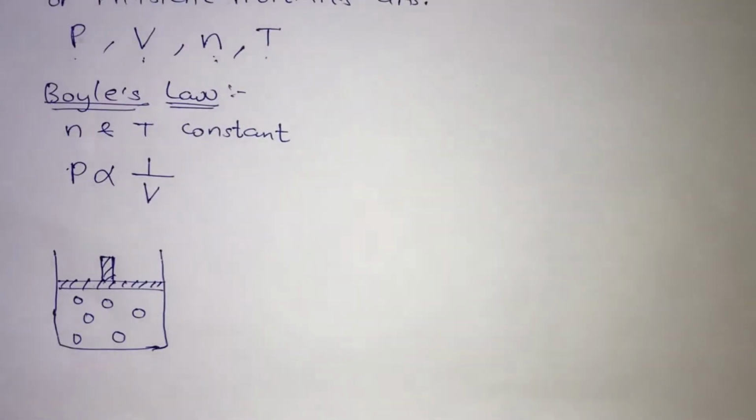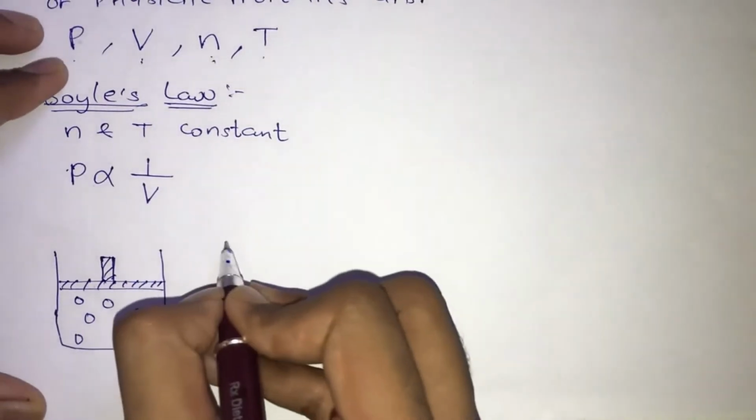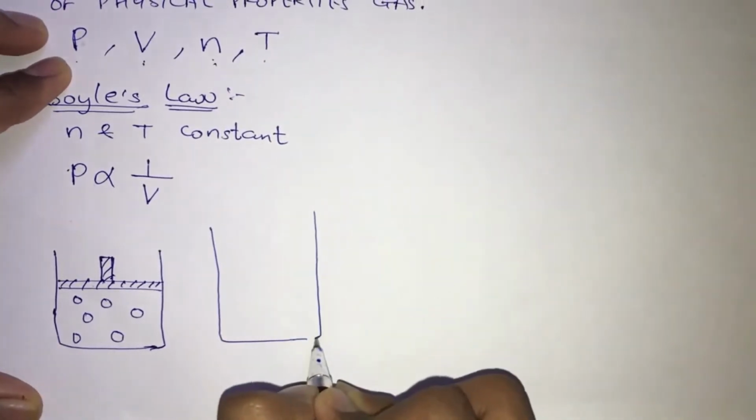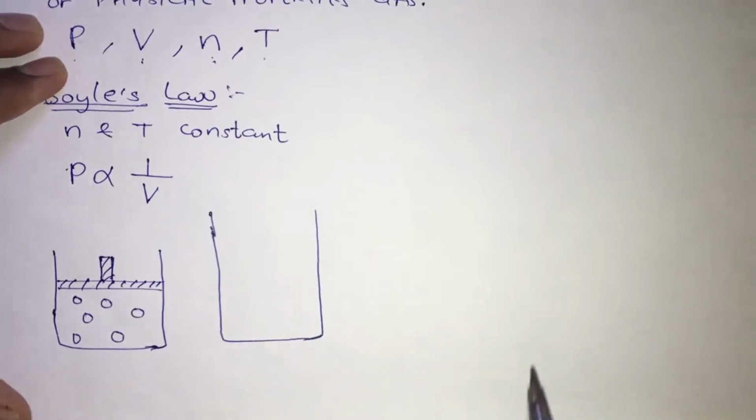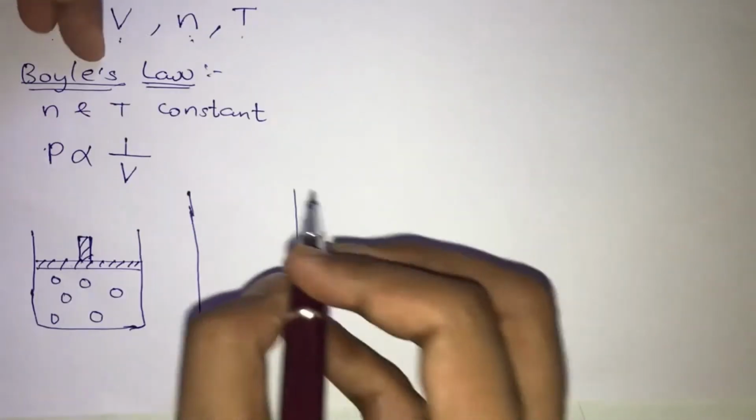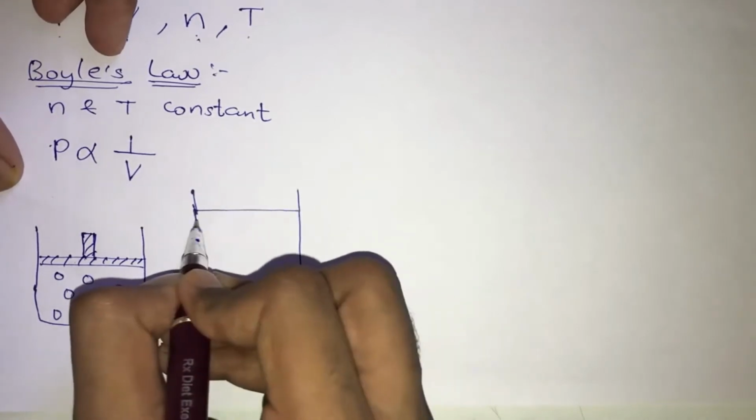Now what he does is that he increases the volume of the beaker. Now how is he going to increase the volume of the beaker? He is going to take this piston above.